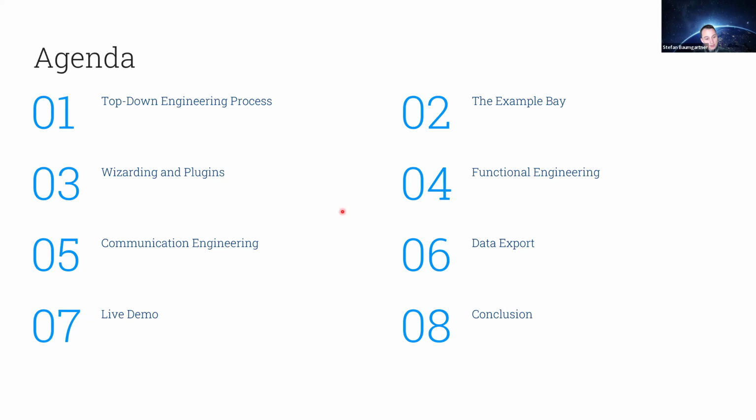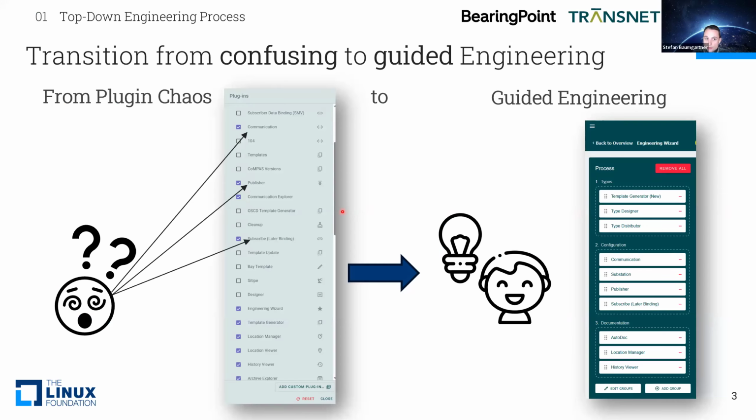After this presentation, we will have a live demo, so you can see we are not only showing you nice slides, but also have a real working solution there. And in the end, we will go into the conclusion. So then I would hand over to you, Christian.